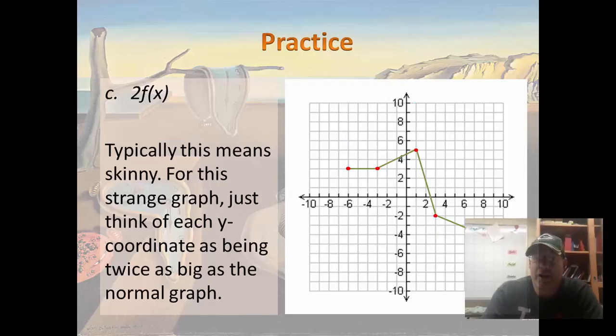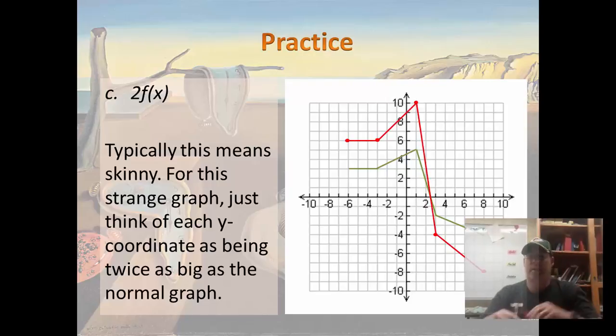Okay, so each of those y coordinates, all I'm going to do is double them. Then all I have to do is connect the dots. Okay, so you notice that the normal graph was like this, and all we did was we stretched it by a factor of 2. How about the last one?